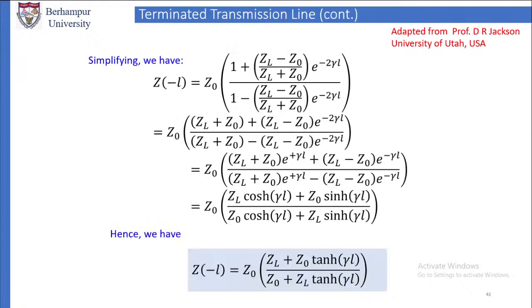Now we will simplify that. The first step is to multiply in the numerator and denominator by ZL plus Z0.